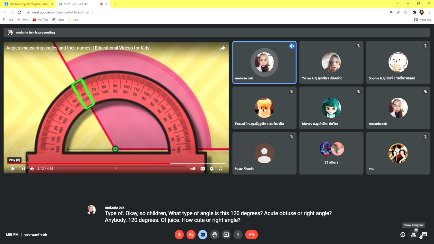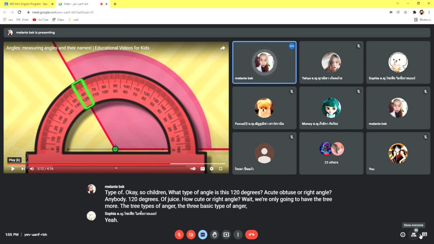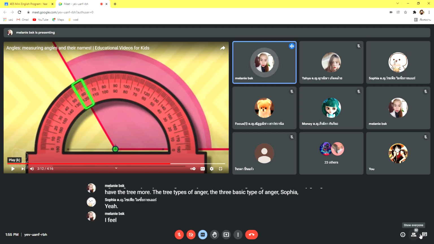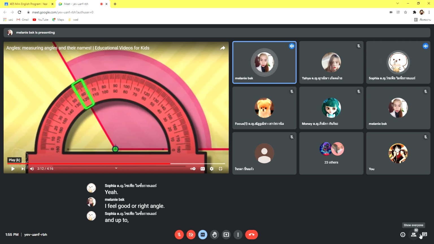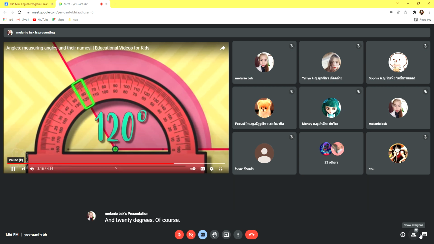We're only going to have the three basic types of angle. Sophia, acute, obtuse, or right angle? An obtuse angle. Of course. It's an obtuse angle because it measures more than 90 degrees.